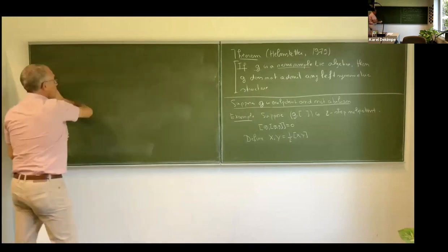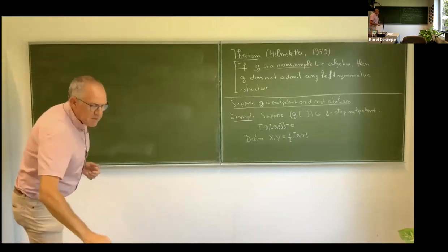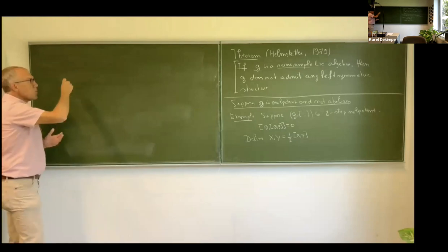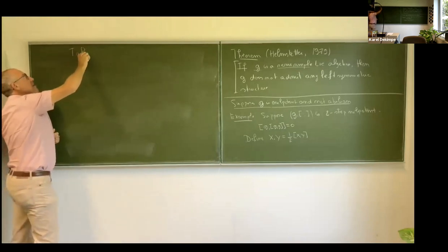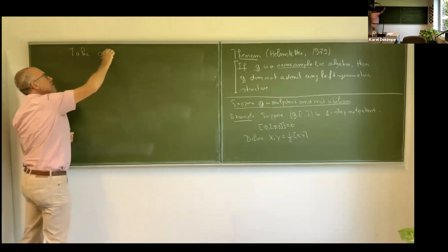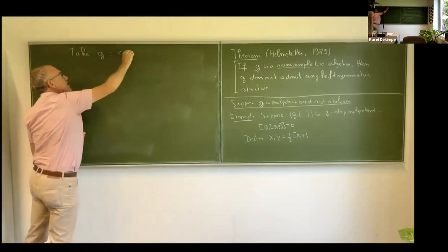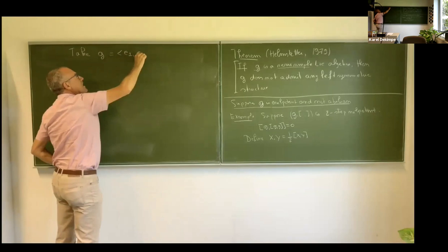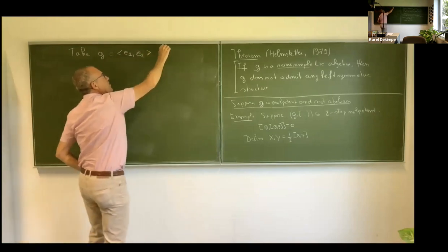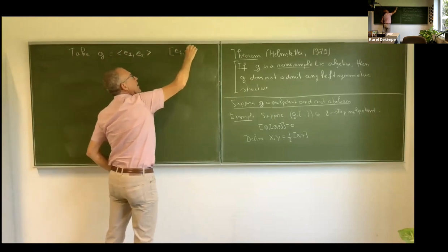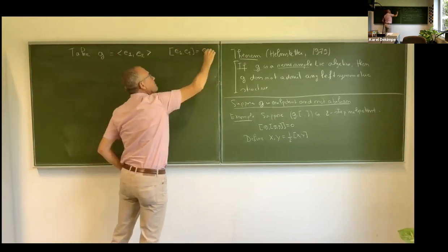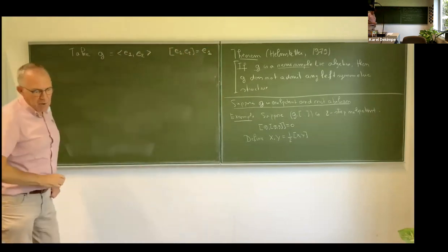So we have to consider a solvable algebra which is not nilpotent. You already find this one in dimension 2. So take G to be the space generated by two basis vectors, let's say E1 and E2, and you have the bracket of E1, E2 equal to E1.